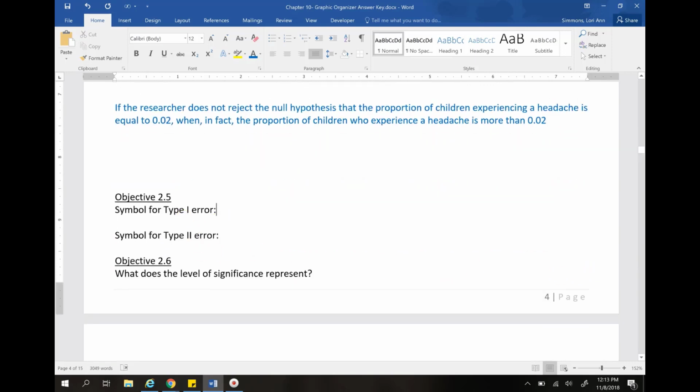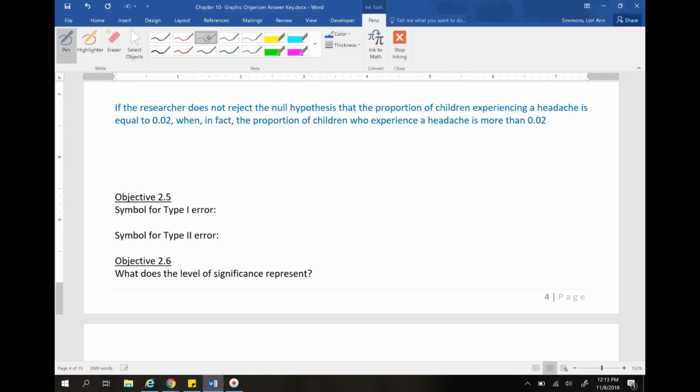Okay, we have symbols for type 1 errors and type 2 errors. For type 1 error, we've seen this one before, alpha. So alpha is associated with a type 1 error, and type 2 error is beta. So it's a B with like a tail on the end.